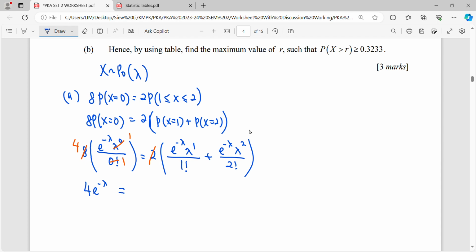Then what happened to your right hand side? e to the negative lambda can be factorized. Inside here, lambda power 1 over 1 factorial is lambda, and lambda power 2 over 2 factorial is lambda squared over 2. Then e to the negative lambda can be simplified.